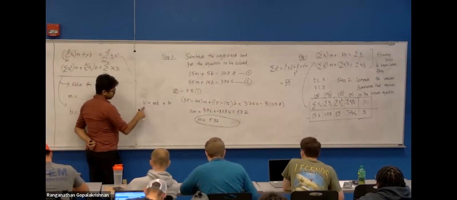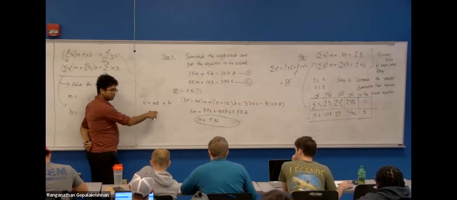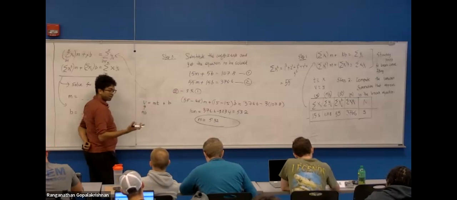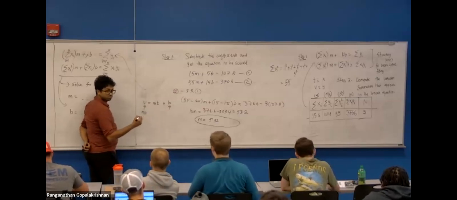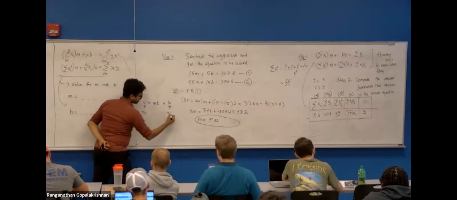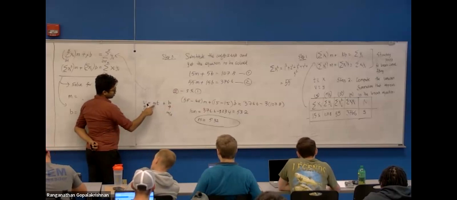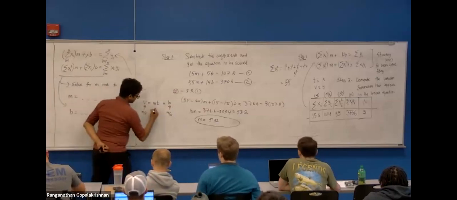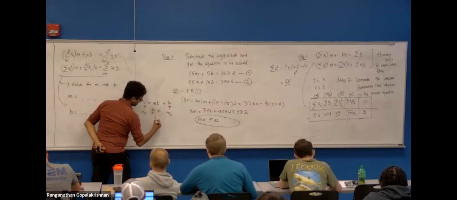This equation should have consistent units on each term. So if this unit is meter per second because it's a velocity, what is the unit of b? Should be meters per second, same as v. What should be the unit of m? Meters per second squared. So that meter per second squared multiplied by second will give you meter per second.